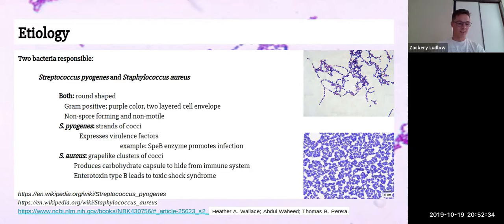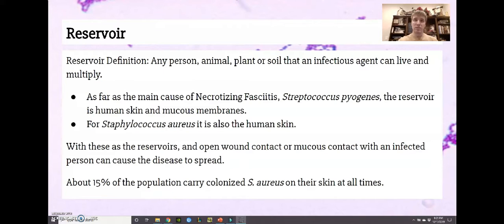Staphylococcus aureus also contains many toxins. A prevalent one pertaining to necrotizing fasciitis is enterotoxin type B, which leads to toxic shock syndrome, which frequently accompanies necrotizing fasciitis. On to the reservoir.